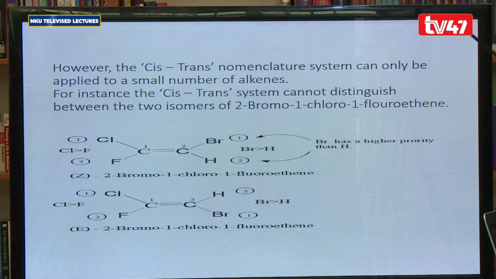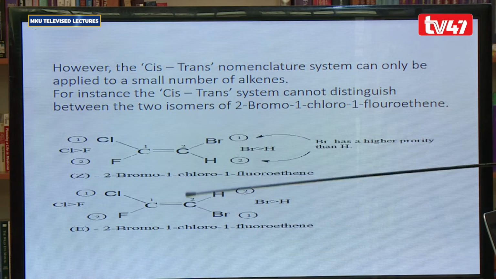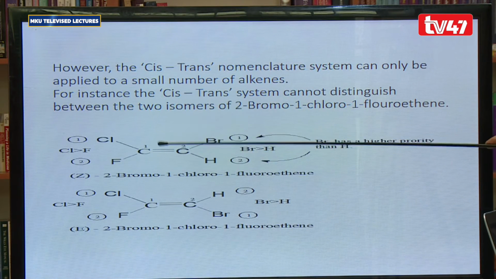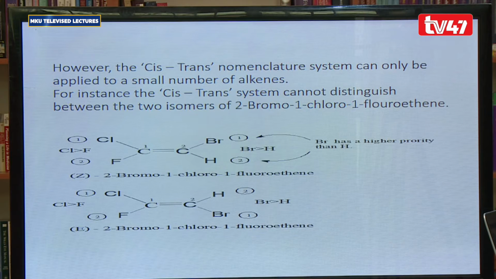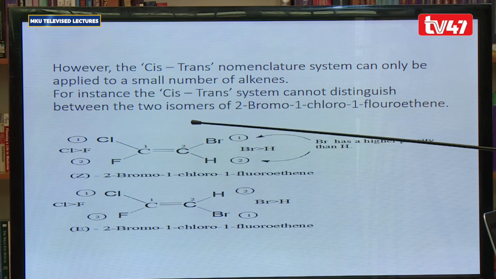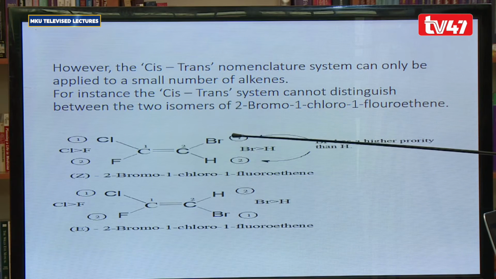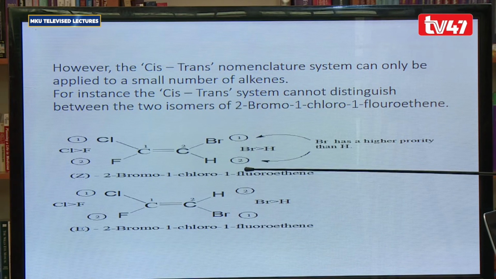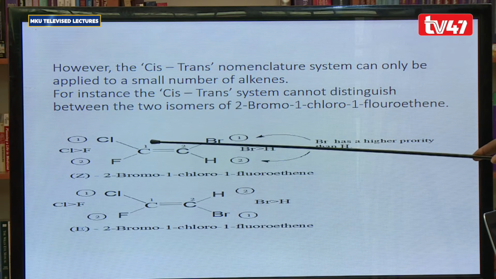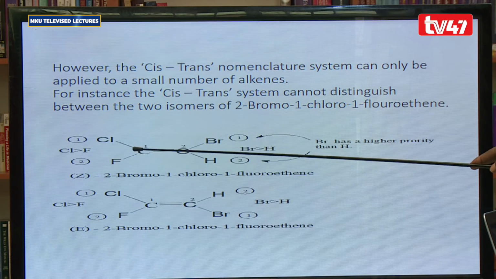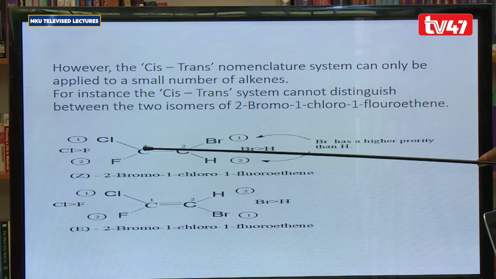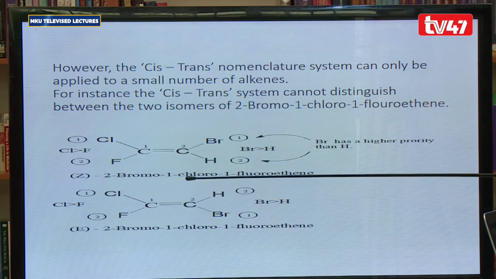In this case, the four groups are bromine, fluorine, chlorine, and hydrogen. Bromine has the highest atomic mass, so it will be identified as 1. Chlorine has the second highest, so it will be identified as 2.